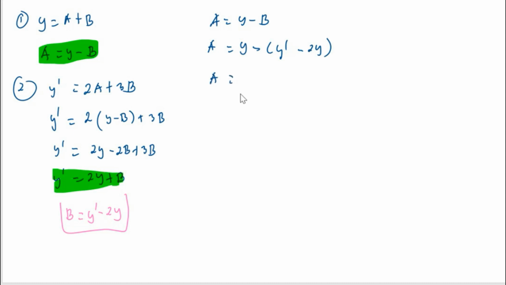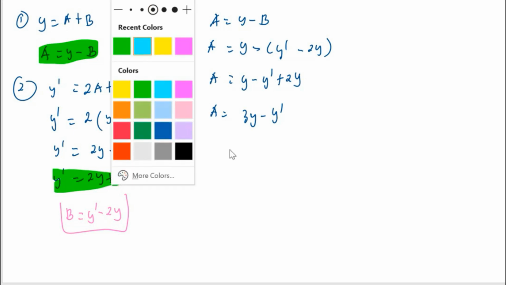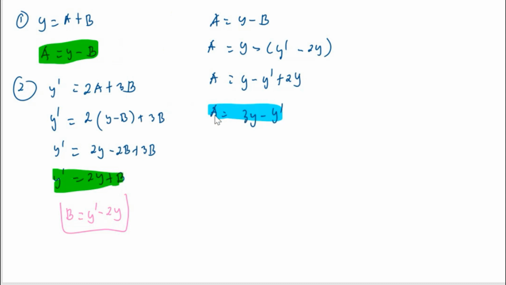Simplifying this, we have y minus y prime, negative times negative 2y gives positive 2y, and combining like terms, we can define a as 3y minus y prime.